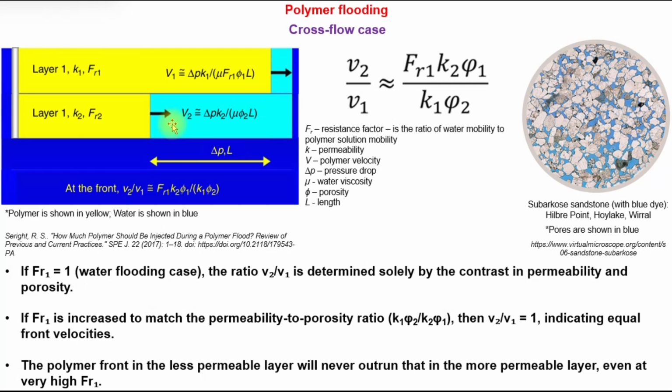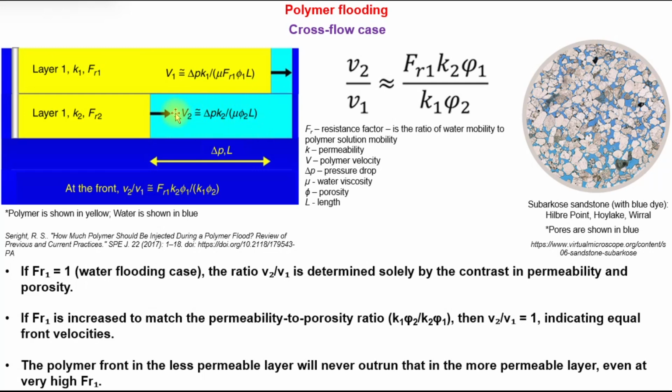We will consider this distance L, which starts at the end of the polymer front in the lower layer and ends at the point adjacent to the end of the polymer front in the upper layer. Over this distance, in the lower layer, only water is flowing. That is why we can use the simple Darcy law to calculate the velocity of fluid in this area.